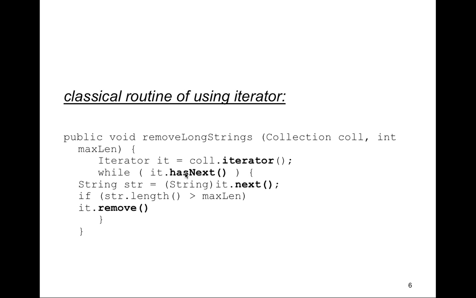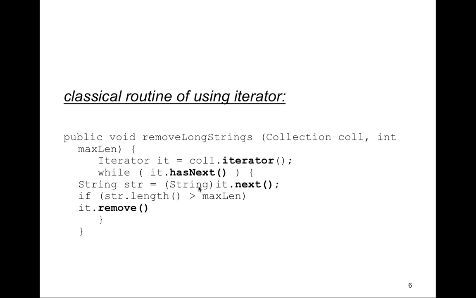Then while it.hasNext, which means while there are items in there, this is always going to be true if there's an item in the collection. Then I can say String, and now we're typecasting it to string, it.next, which is the next element, which hopefully is carrying something that can be converted to a string.